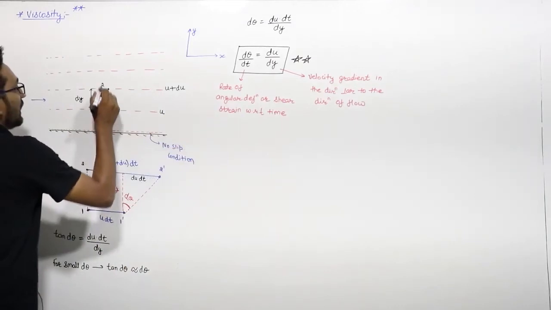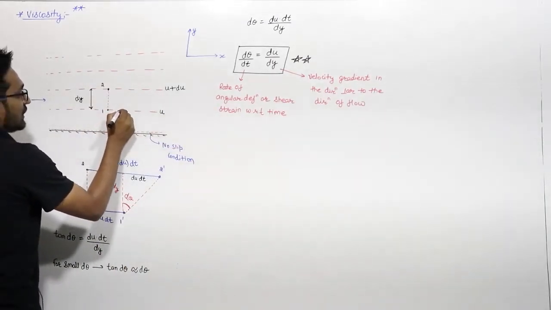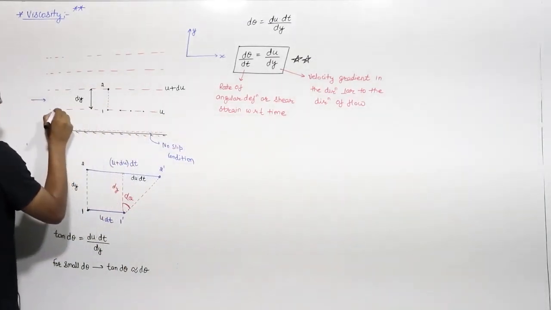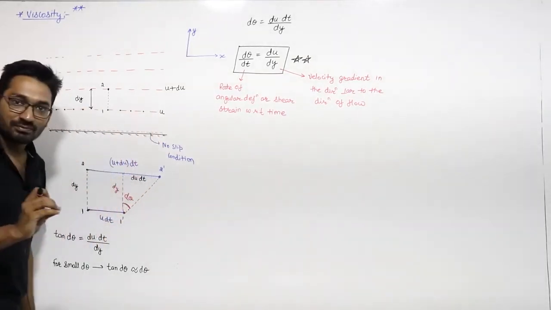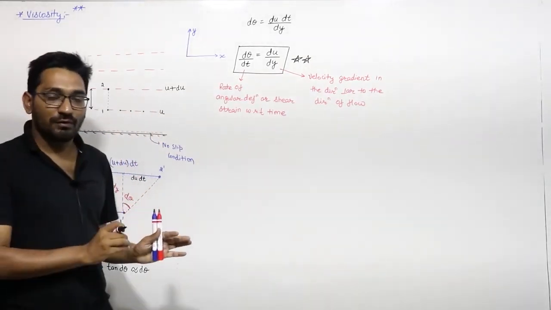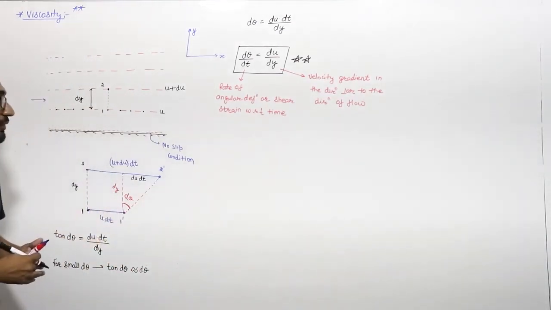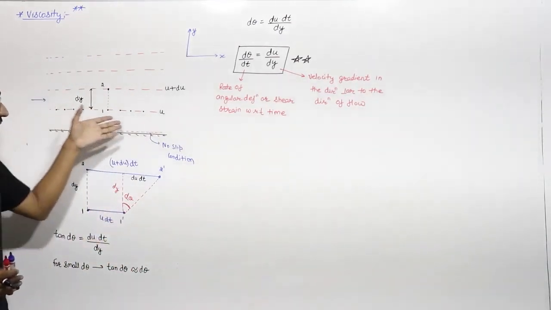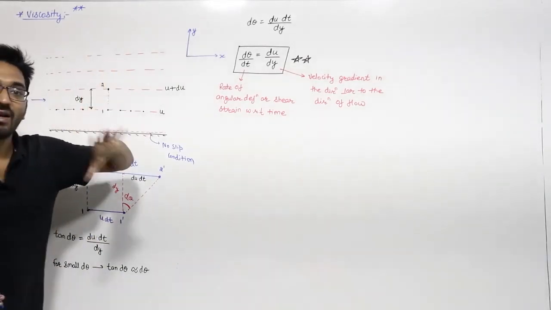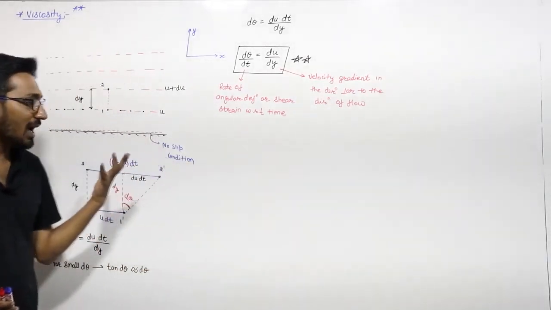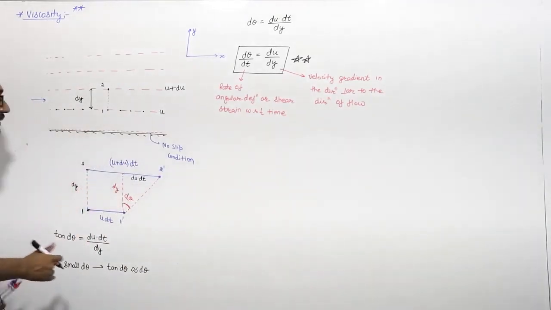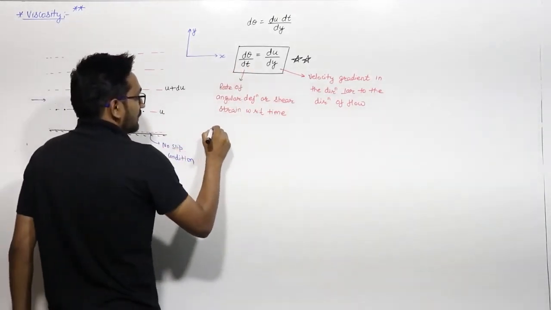It means each and every fluid particle on this layer is moving with velocity u, right? It is a uniform flow. We are not taking into account the velocity gradient in the direction of flow. This is the assumption here.